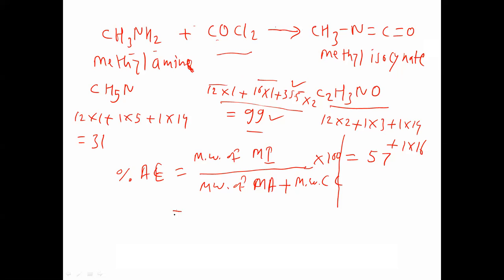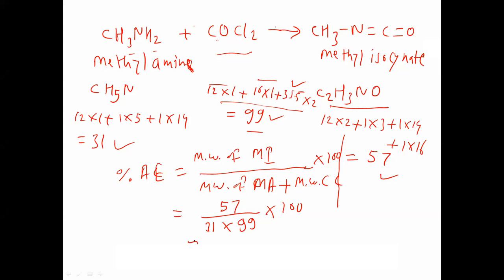The molecular weight of methyl isocyanate is 57, divided by the molecular weight of methylamine, 31, plus the molecular weight of carbonyl chloride or phosgene, 99, into 100.